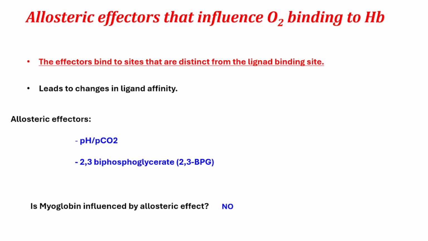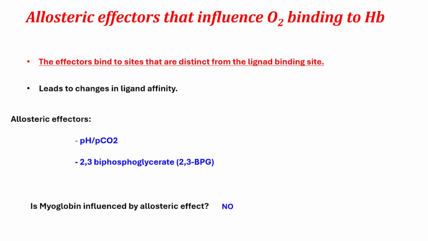Here, is myoglobin influenced by allosteric effectors? No. But you have to tell me why. Because it has only one site. With allosteric effects, the binding is affected. With hemoglobin, one molecule will help the 3 others, so I have 4 sites to be filled with oxygen, and the binding of the other 3 depends on my effectors. However, myoglobin has only one site, so from the beginning it's already saturated.